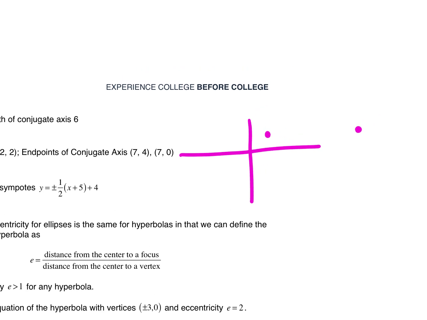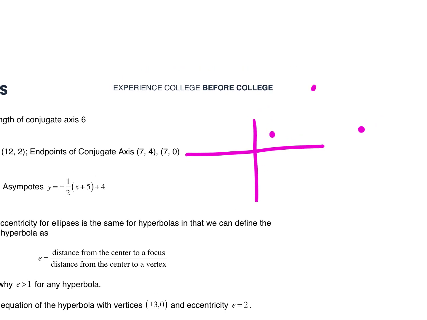I got it. Then I got 7, 4, and 7, 0. Okay, that's a little too high. Let's take that back down. Like that? Do you agree? Okay, what's the center? 7, 2. So HK is 7, 2.